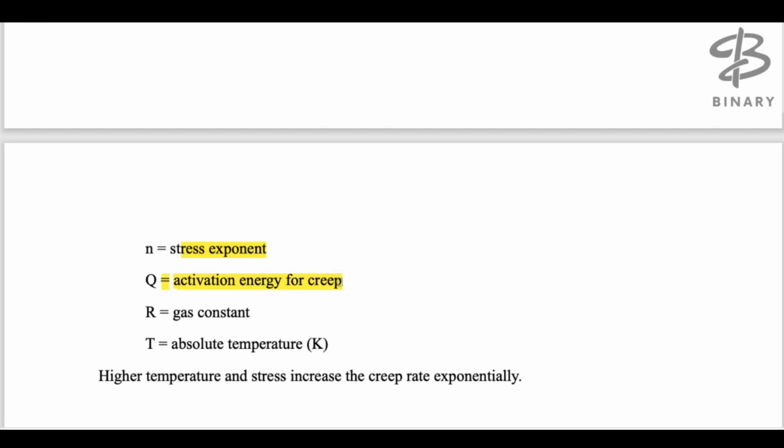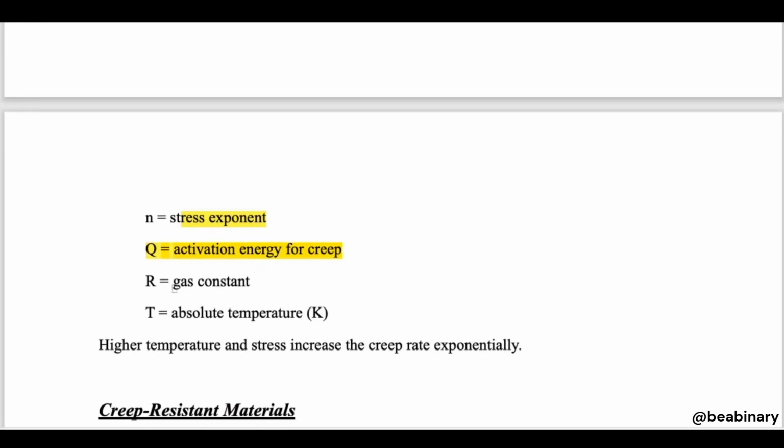When we pull a material, we are investing our energy, and that energy is stored inside the material and sustained up to some limit. If that limit is exceeded, the material will start deforming. So the activation energy is how much energy a material can sustain before creep, the energy level where creep starts.